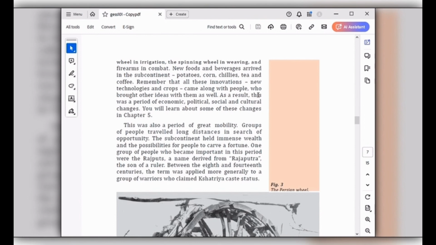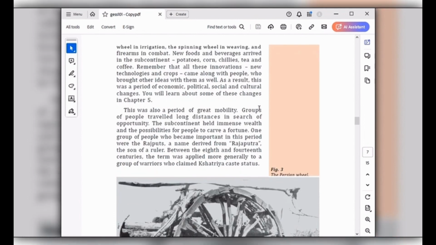So this intermixing of cultures also brings new things in. So at that period of time, there was an introduction of new ideas. As a result, this was a period of economic, political, social, and cultural changes.